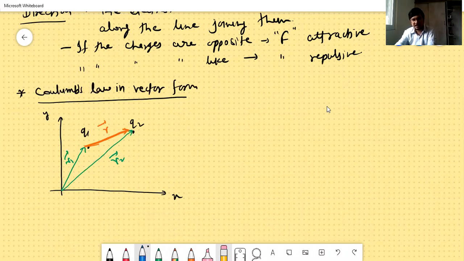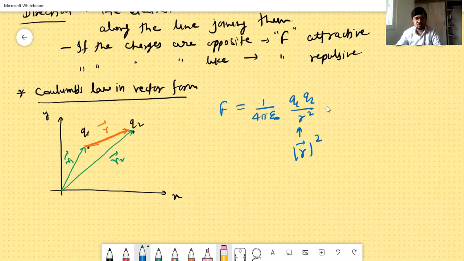What significance? Let us see. F, when we write 1 by 4 pi epsilon naught q1 q2 by r square, then this r is the magnitude of this r vector, right? Because it was the separation between q1 and q2. I hope you are understanding this.